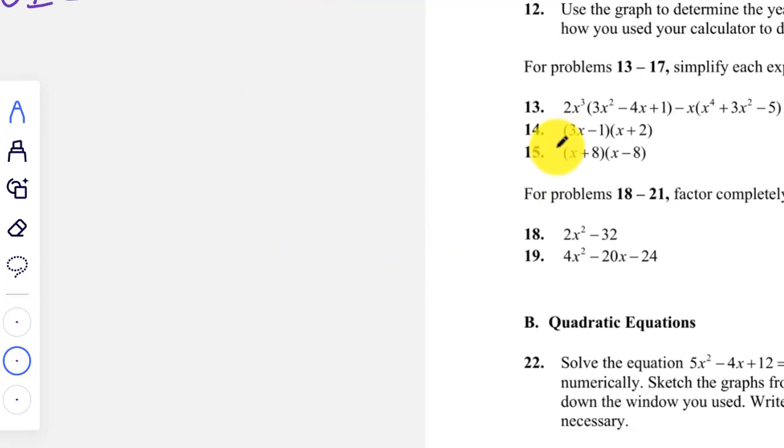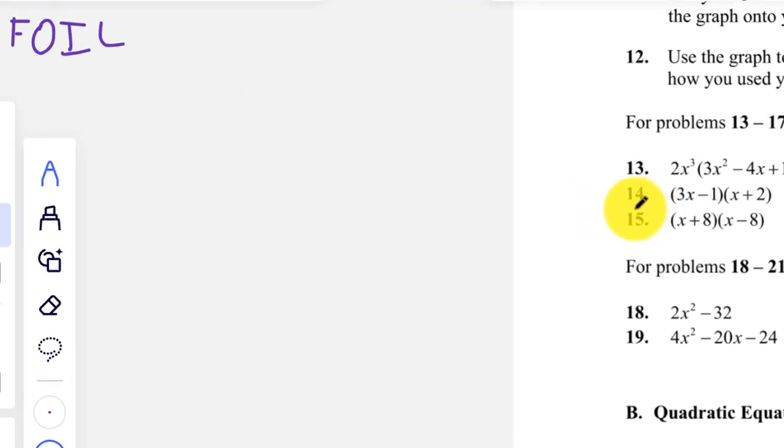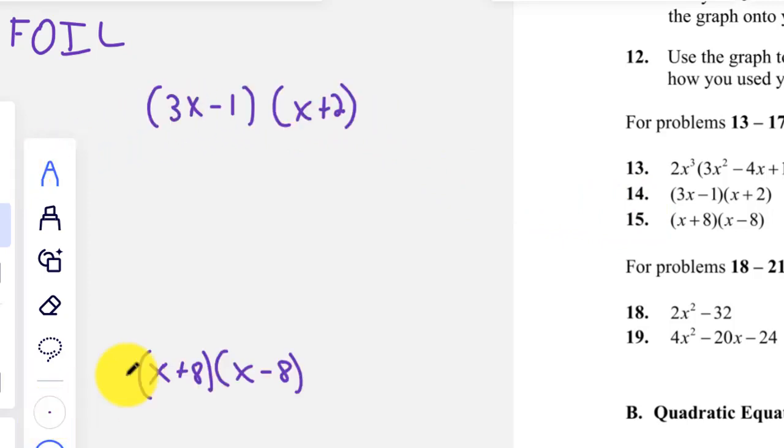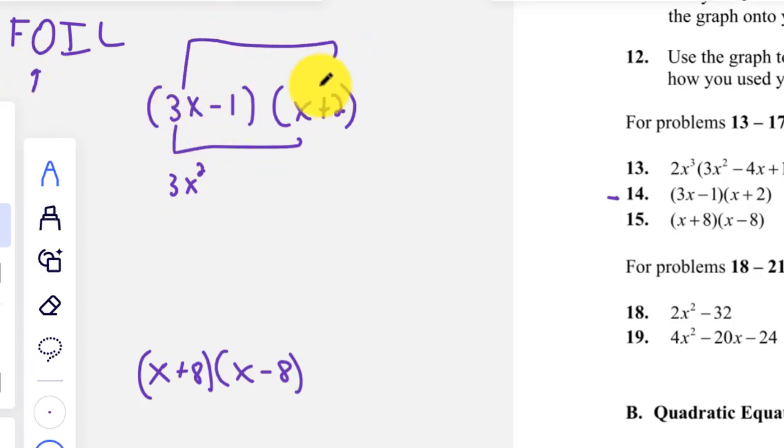So for number 14, we're going to use FOIL, right? Because we're multiplying two binomials. So let's rewrite this over here. We're going to do our first terms, that's the F in FOIL, so that's 3x squared. The O in FOIL is the outer terms, so that's plus 6x.